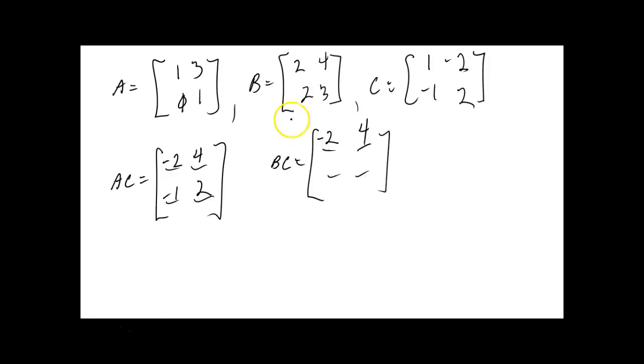The 2, 1 entry is second row of B, first column of C: 2 minus 3 is minus 1. And the 2, 2 entry is second row of B times second column of C, which is minus 4 plus 6, which is 2. Hey, look at that.